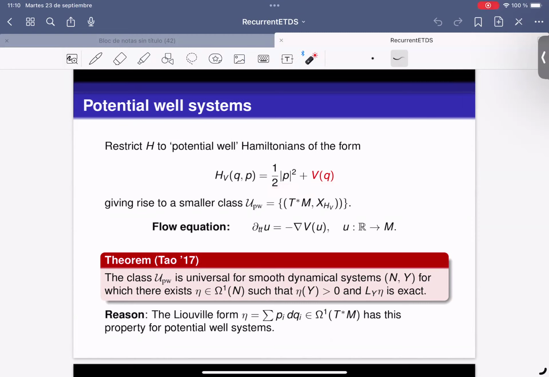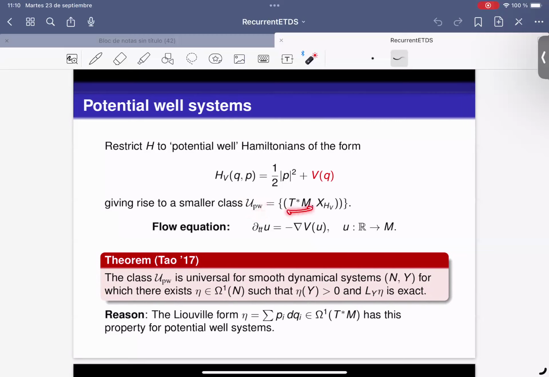Okay, so let's now restrict ourselves to potential well Hamiltonian systems, meaning that the Hamiltonian function has this form. This gives me a smaller class of dynamical systems. I have called it U_PW, potential well.